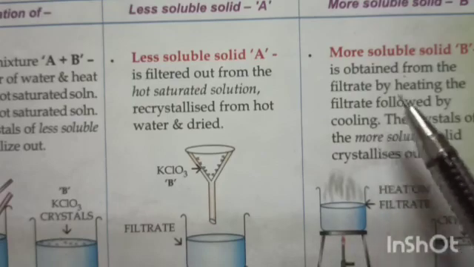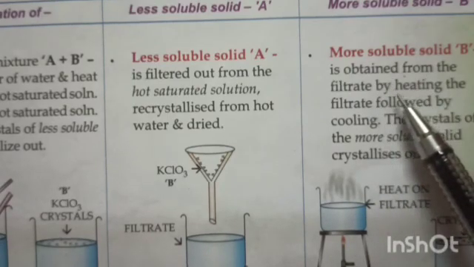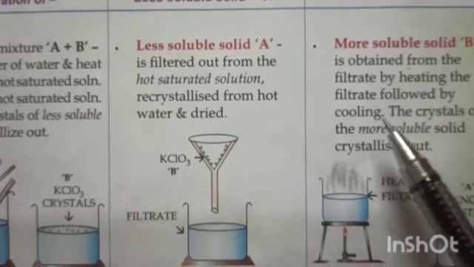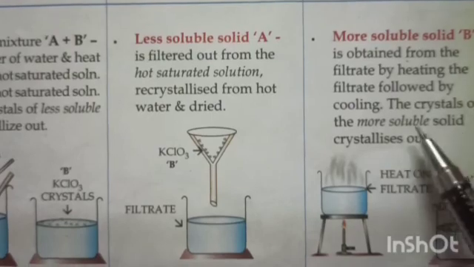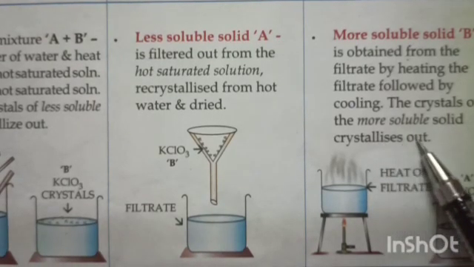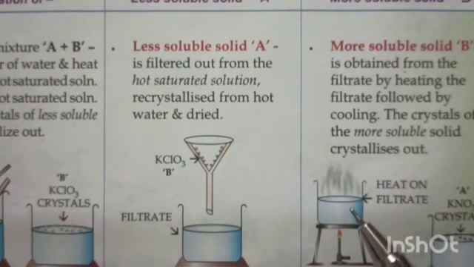You take this filtrate and heat it again, and by heating the filtrate followed by cooling, the crystals of the more soluble solid crystallize out. In this way you will get the crystals of both the components.